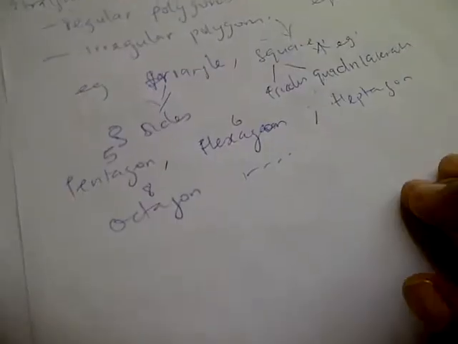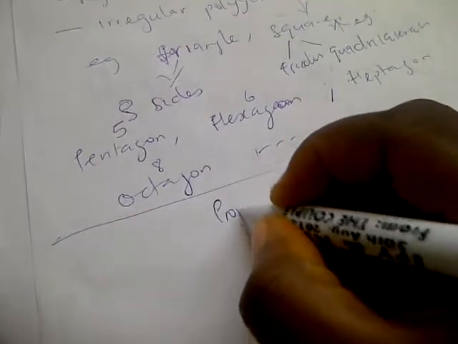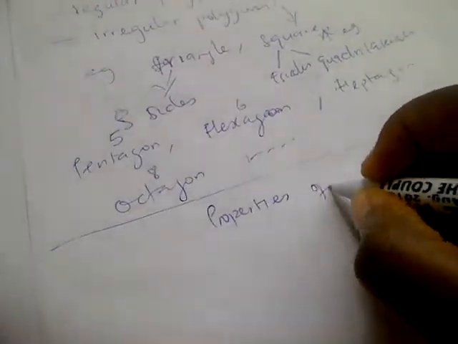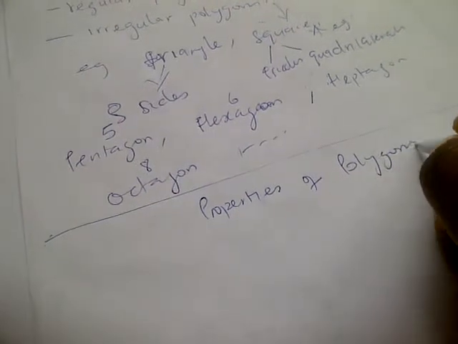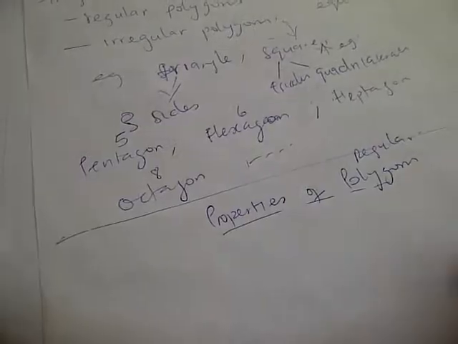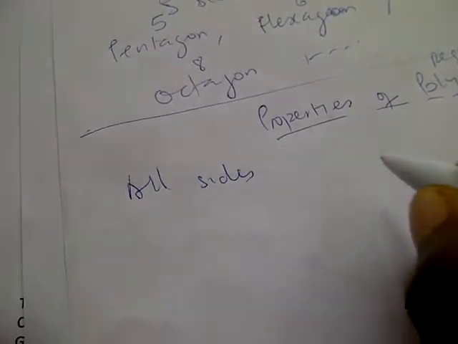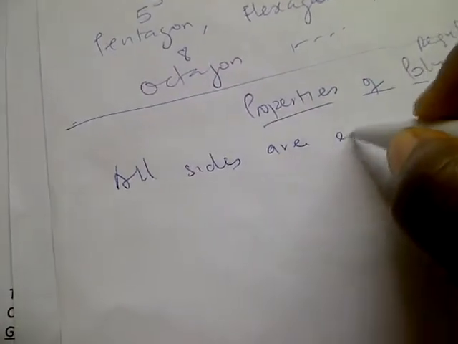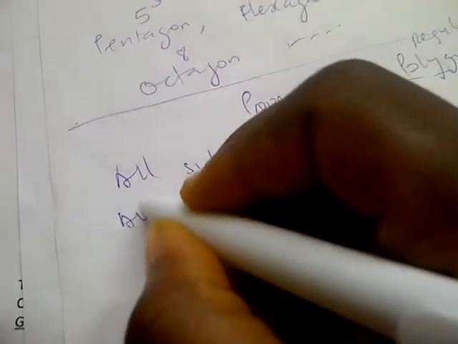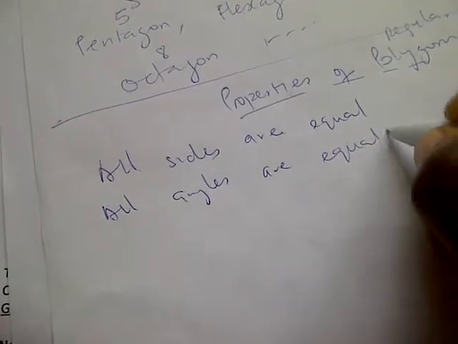Now we're going to start looking at properties of these polygons. For regular polygons, we first said that all sides of a regular polygon are equal and all angles are equal.